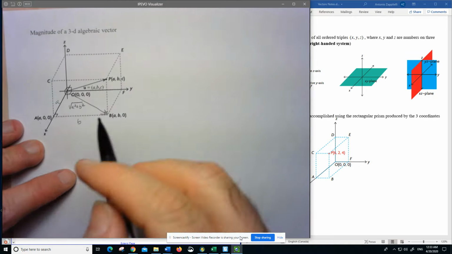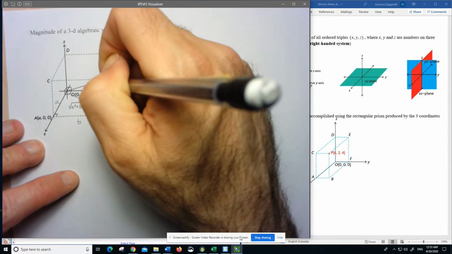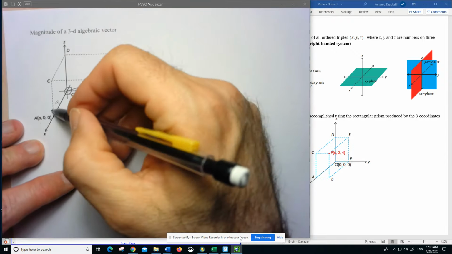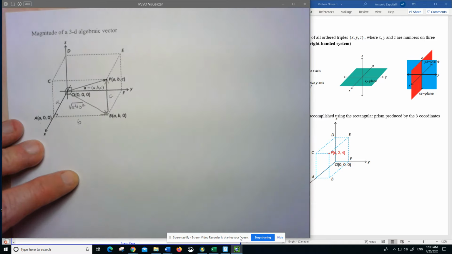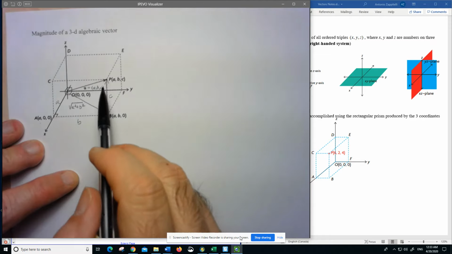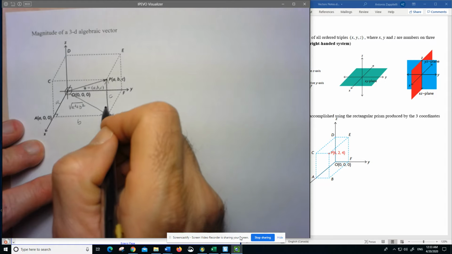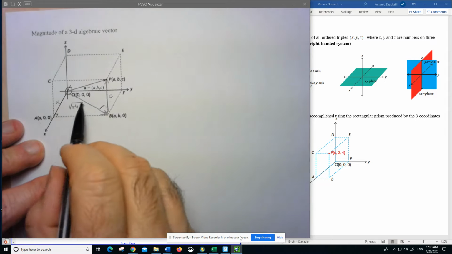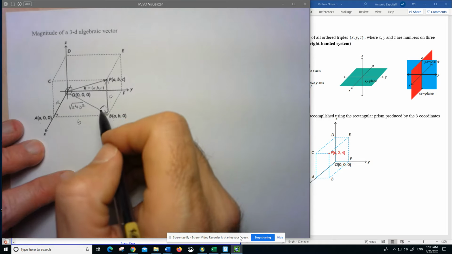Okay? And then you would have created another triangle, and you realize that this length is just equal to C, and the side of the rectangular prism is just going to be perpendicular to the base, this rectangle on the base. So guess what you have?